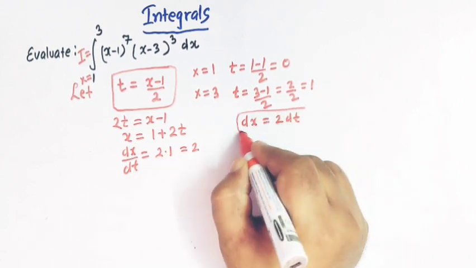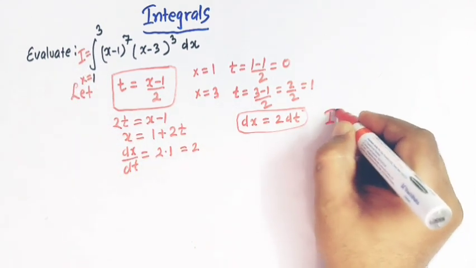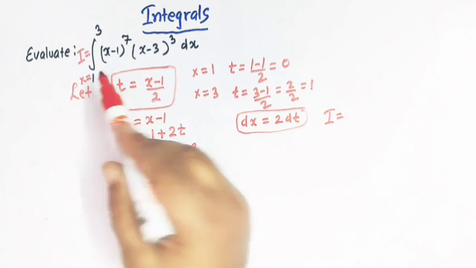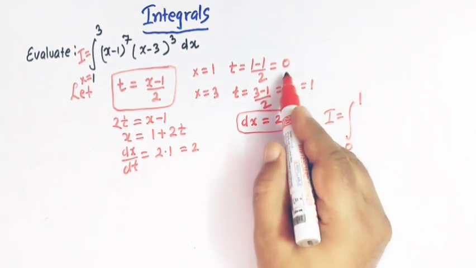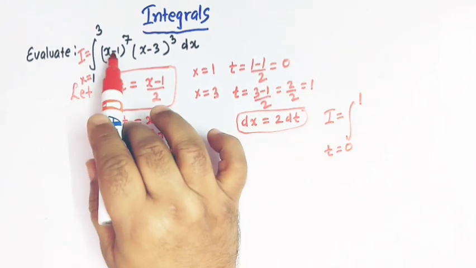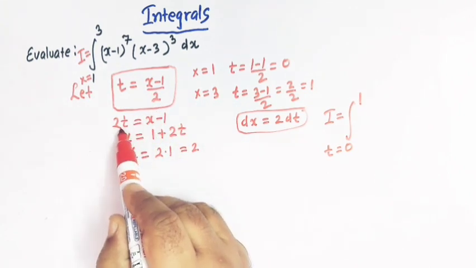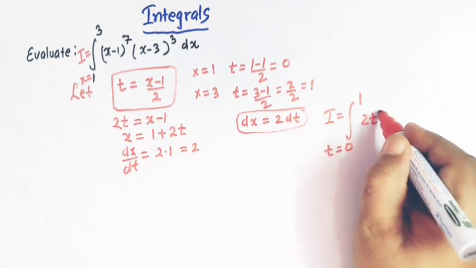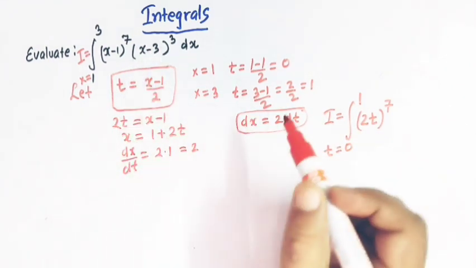Okay, so now we can rewrite this integral I in terms of t, right? So we have the limits from 0 to 1, because here t varies from 0 to 1, and for x minus 1, we can write 2t. So here we have (2t) raised to 7, and here we have x minus 3.